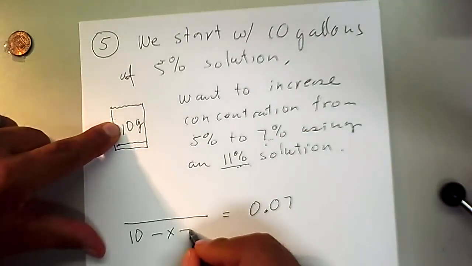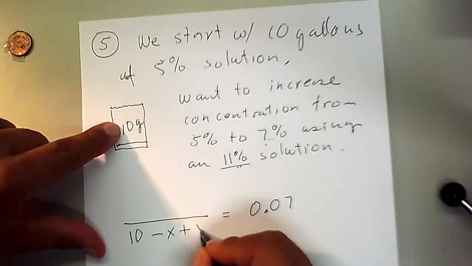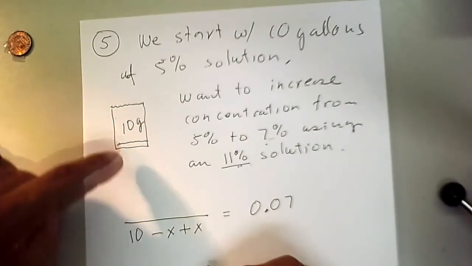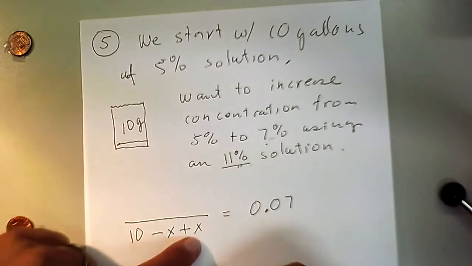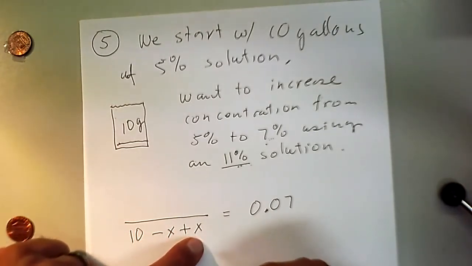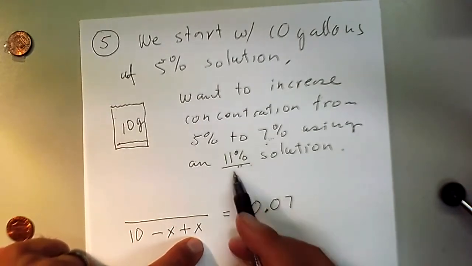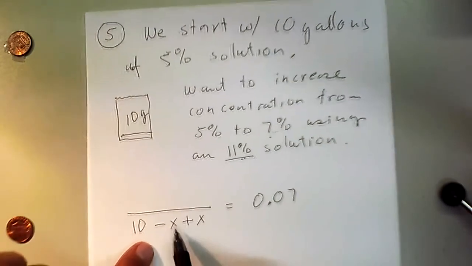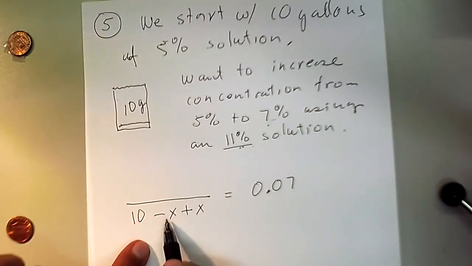And then we're going to replace it with the same amount because we want to end up with the 10 gallons. So we're going to scoop out and pour that amount in, the same amount, but of a different solution, of the strong 11% solution. So you're going to say, wait a minute, 10 minus x plus x is 10. Yes. So the 10 is going to be preserved.